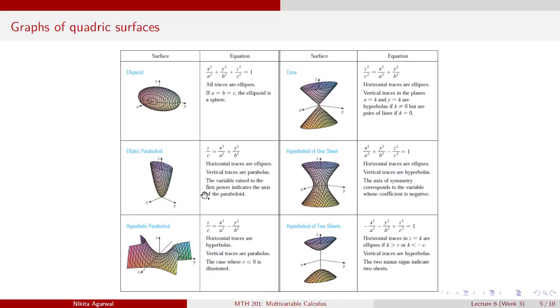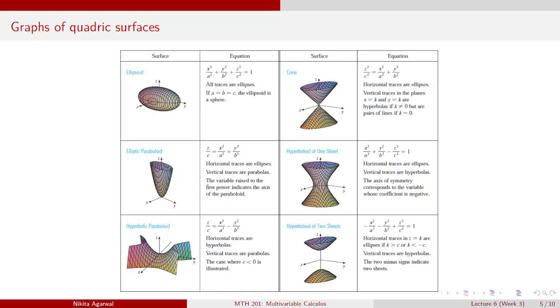Whereas the elliptic paraboloid and hyperbolic paraboloid are in the second form, where you see x and y with squares and z with a linear term, and there is no constant term.